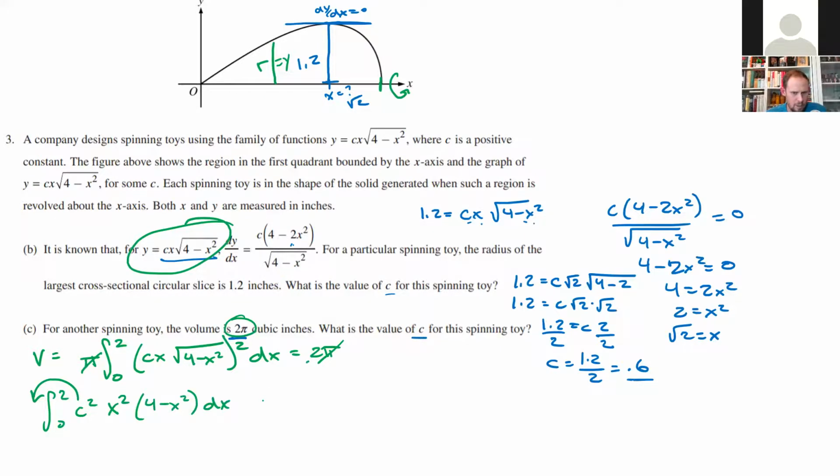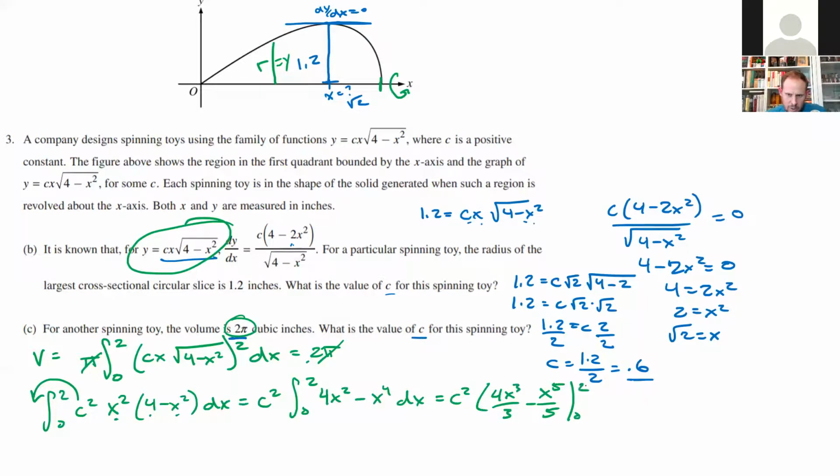If I move the c squared out front, I'm getting the integral from 0 to 2 of x squared times 4, so 4x squared minus x squared times x squared, which is x to the 4th dx. This is a pretty straightforward integral. If we integrate this, we're getting 4x cubed over 3 minus x to the 5th over 5, going from 0 to 2.